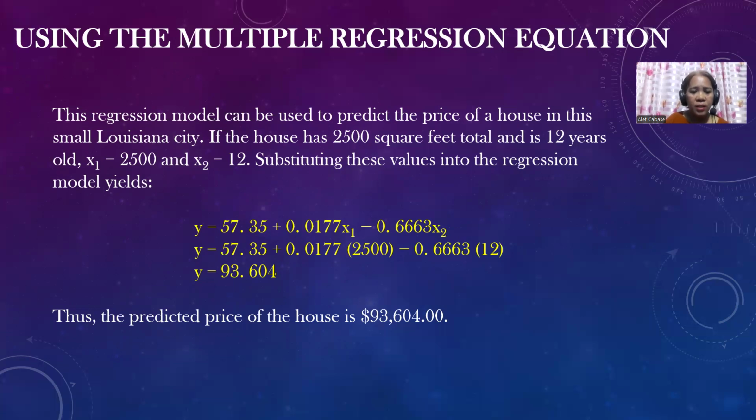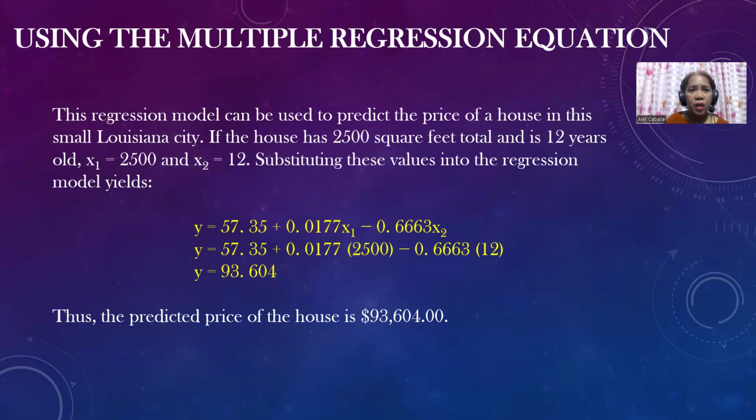So y equals 57.35 plus 0.0177 times 2,500 minus 0.6663 times 12. So y equals 93.604. Thus, the predicted price of the house is $93,604. So this regression analysis is very useful to predict the price of a house.